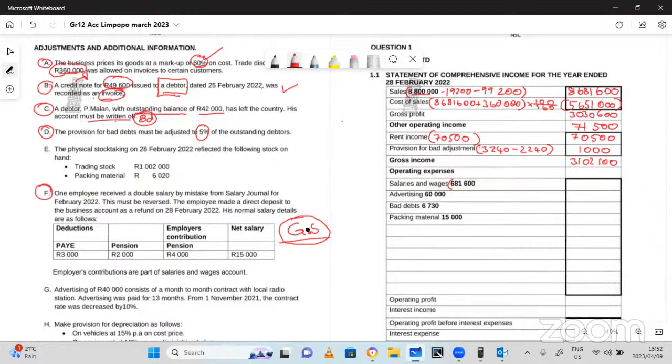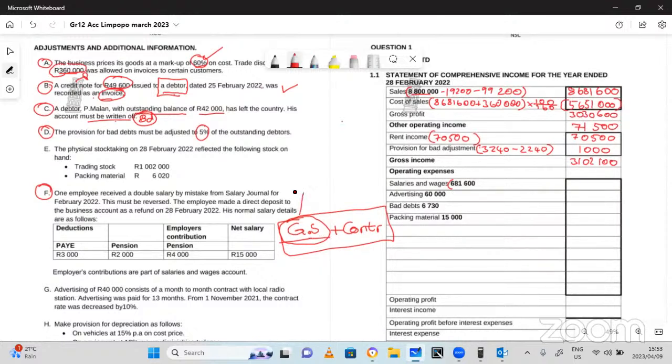And on top of the gross salary, we add what we call the employer's contribution. The business also contributes to some of the deductions of the employee. So the amount that the business in total will give on behalf of this employee is the gross salary plus the contribution. But in some businesses, they will separate the account for gross salary, the salaries and wages.